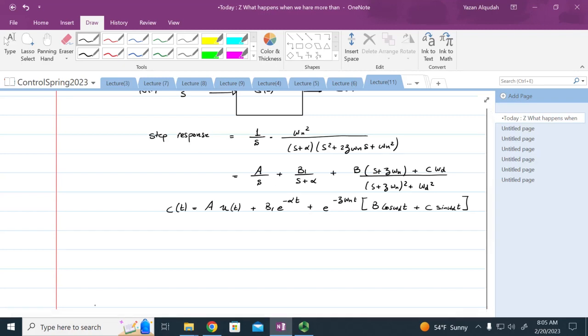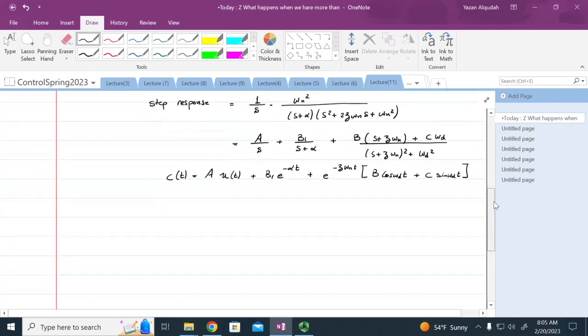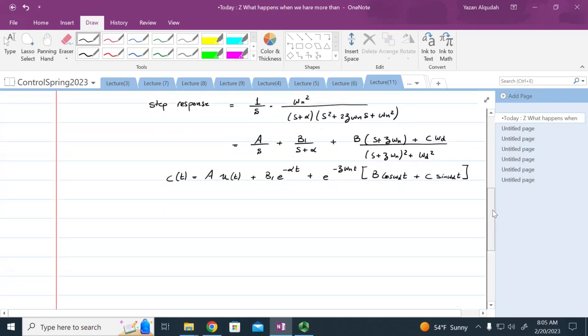So again, this is a third order system, and therefore it has a second order system in it and an additional pole. The s plus alpha is the added pole.